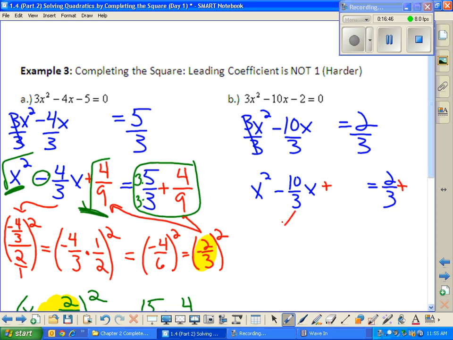The formula we use to find that number is b divided by 2 squared. Remember, we never really divide a fraction by a fraction. You're going to multiply by the reciprocal. So we're actually going to take negative 10/3 and multiply by a half.